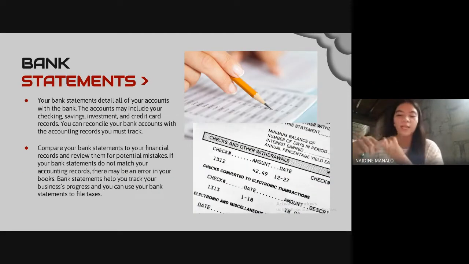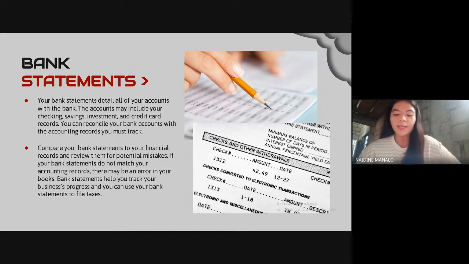So bank statement records. Your bank statement details all of your accounts with the bank. The accounts may include your checking, savings, investment, and credit card records. And you can reconcile your bank accounts with the accounting records you must track.